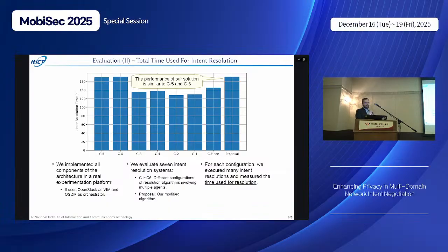So without incurring a large amount of time, we could minimize the amount of information shared among all the agents in the resolution system. And as I said, I was being short, and this is the end of my presentation.